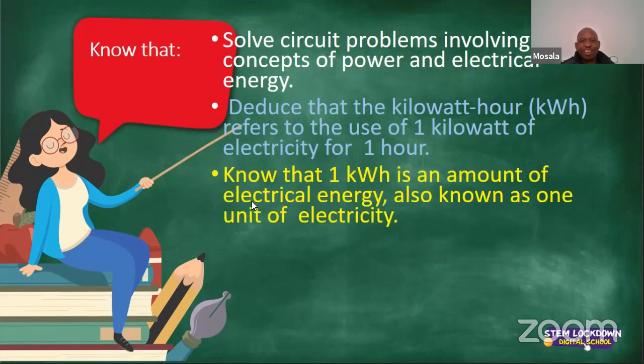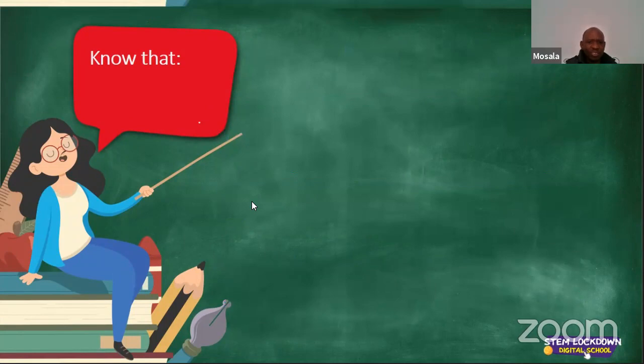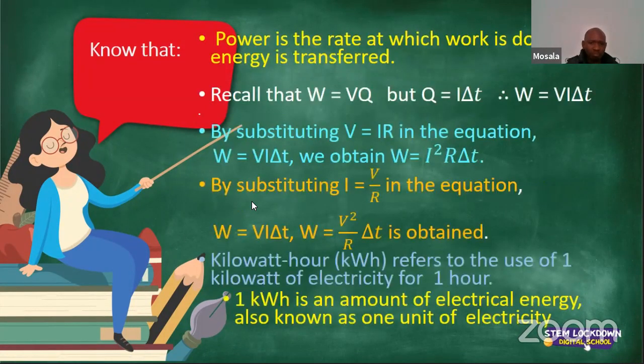Know that the kilowatt hour is a unit of electrical energy, also known as a unit of electricity. We have also calculated the cost of electricity usage given the specification of the appliance used, the duration, and the cost of 1 kilowatt hour. So basically that's what we have done today.